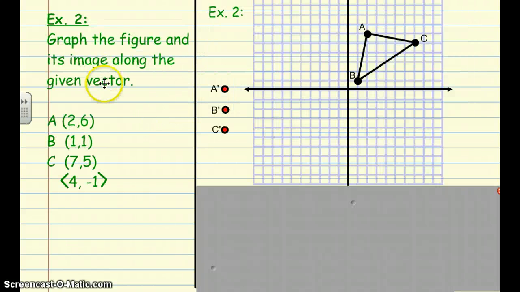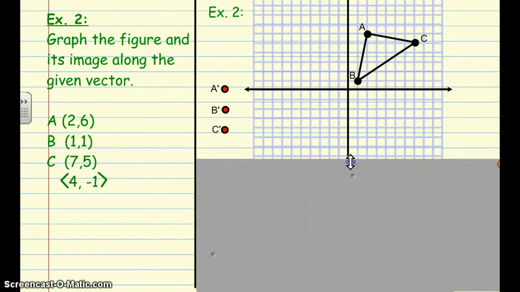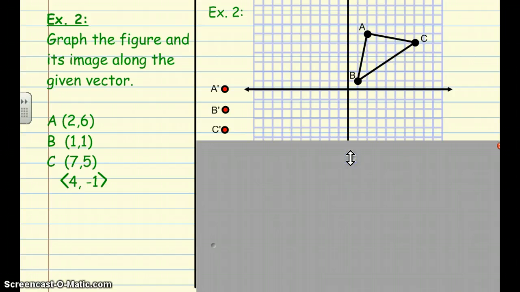Okay, all right, so let's take a look at this second example that we have. We're going to graph the figure and its image along the given vector. We're given the points A, B, and C. I have created this graph, and I have A, B, and C plotted on my coordinate grid. And then over here, this <-4, -1> is the vector.